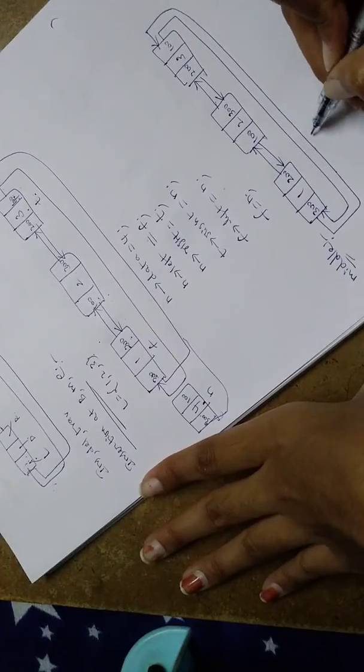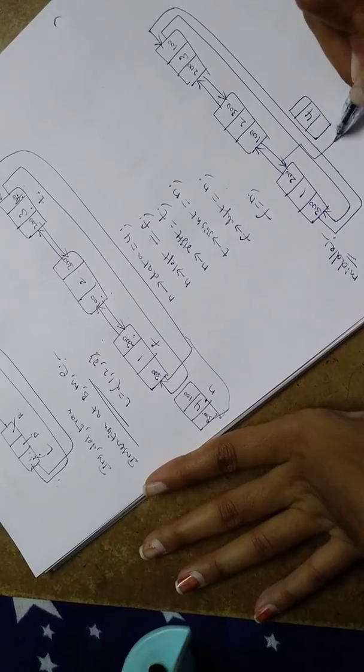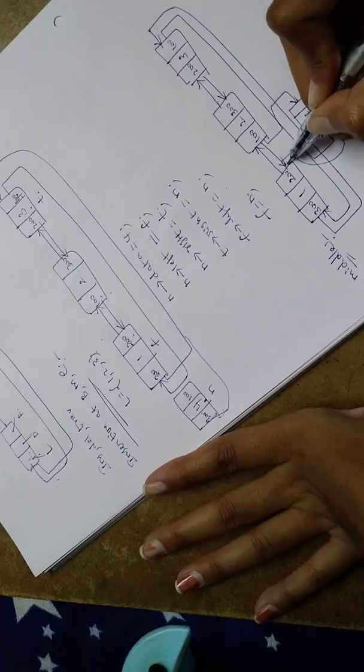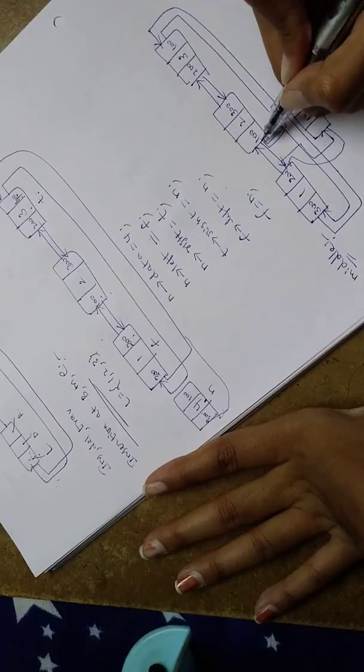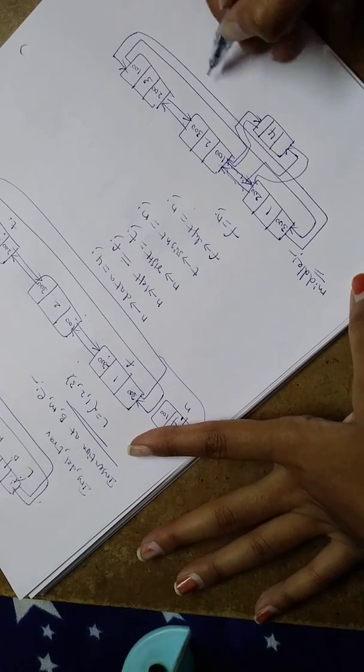Now we have to insert this element 4 in the middle. It is like this, and this should also go like this. Removing this, how do we do it?